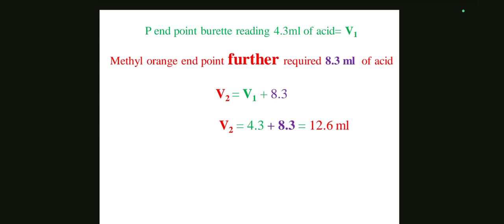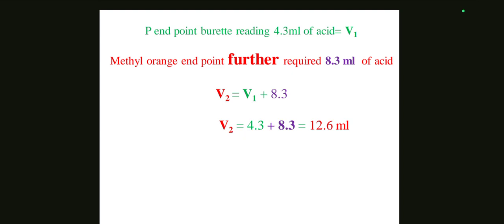Methyl orange end point further required. Further indicates initial amount 4.3 plus 8.3. 4.3 initial and further 8.3 means you have to add 4.3 and 8.3 and you will get the value of Phe2.